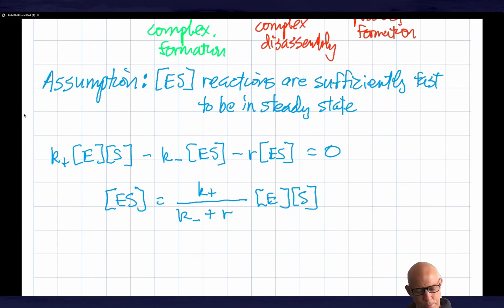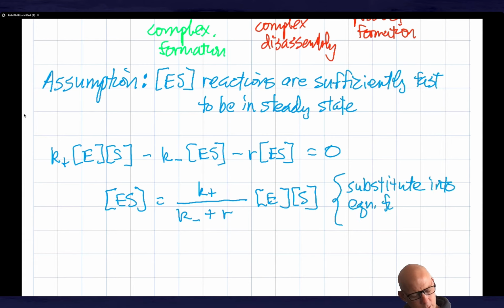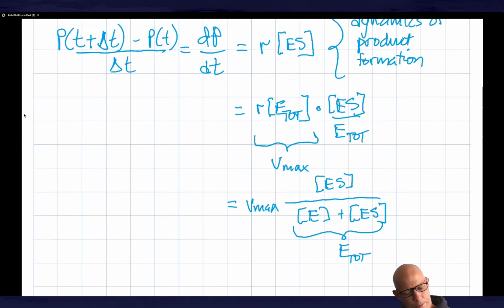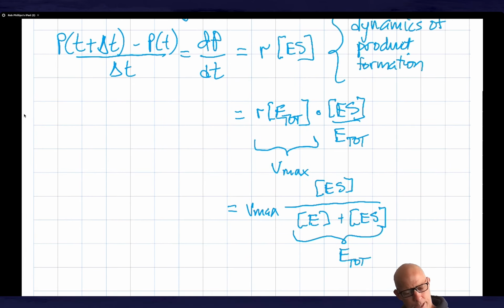So now the plan is we're going to take this and substitute it into the equation for dP by dt. Let me go up and copy that equation and bring it down.